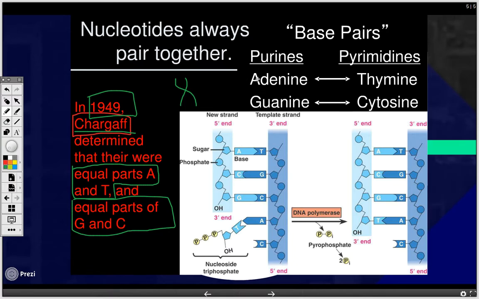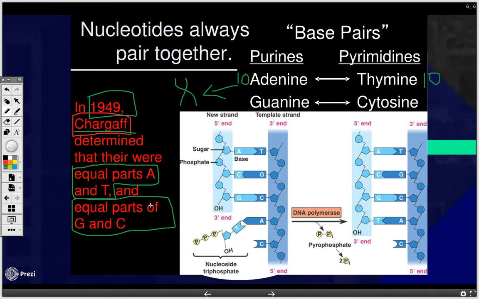So if we had in one little DNA molecule 10 adenine, we would know that there were at least 10 thymine.